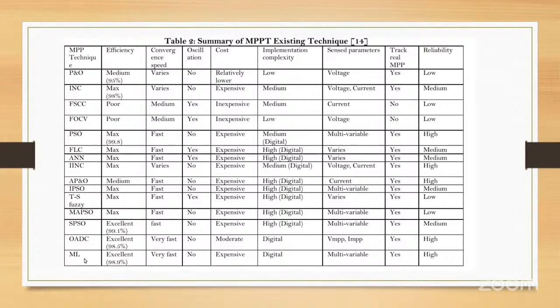So here, finally, you can see that by using machine learning, you are getting efficiency of 98.9%. Convergence is also very fast. Oscillations are nil. Cost is expensive. Implementation is digital, sensors are multivariable, it tracks the real MPP, and reliability is high.